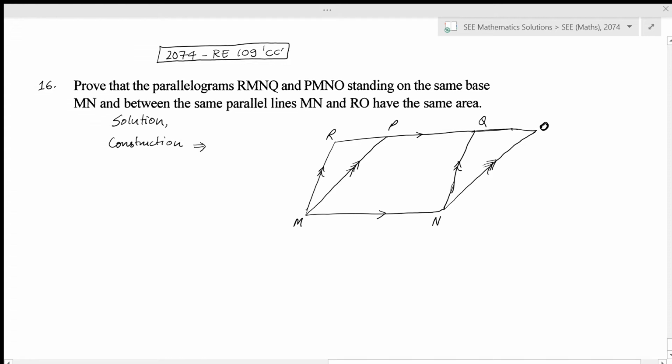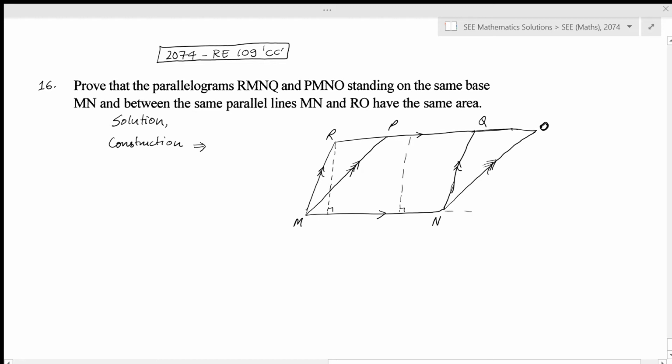Now another construction you have to do is draw one height. MN is the base, and you draw a perpendicular from the parallel line RO to MN. You can draw it from any point on this parallel line. You can draw it from here, from here, even if you extend it, you can draw it here.